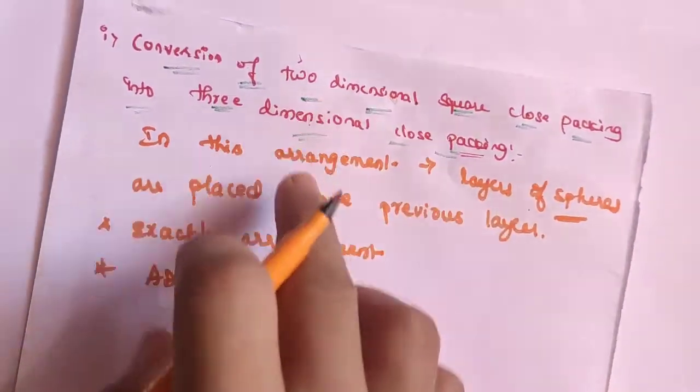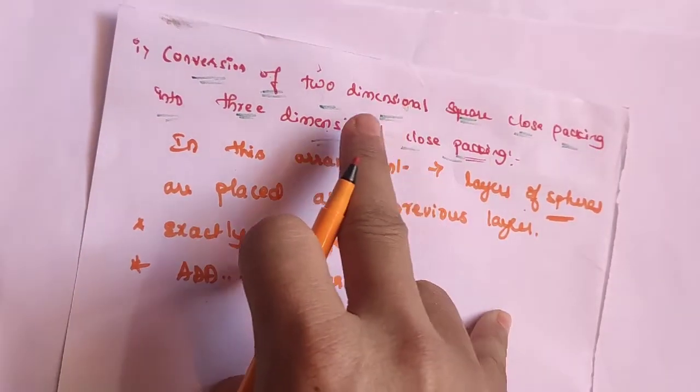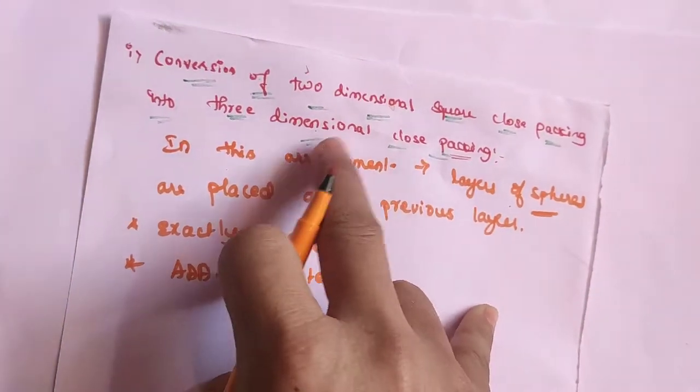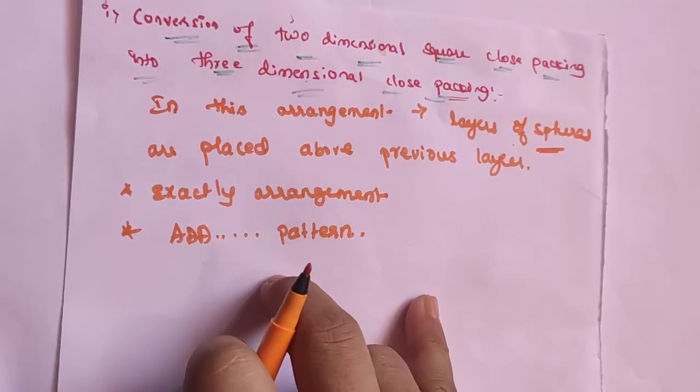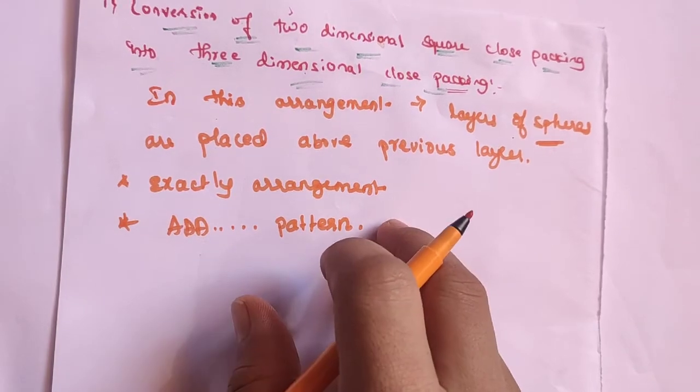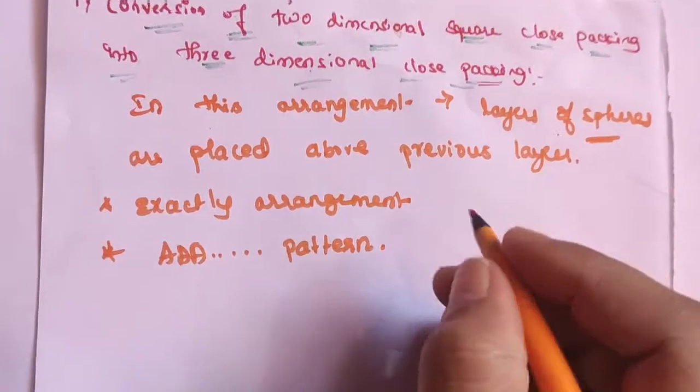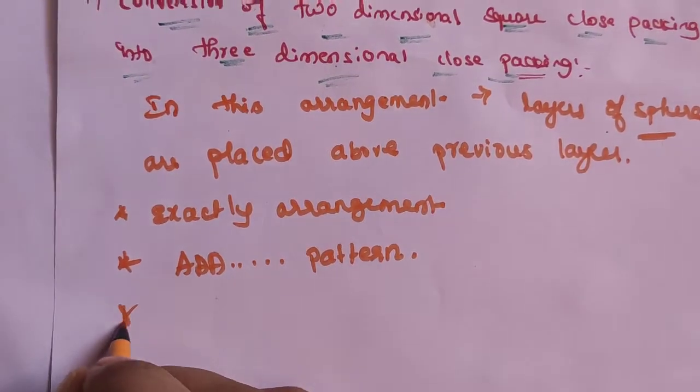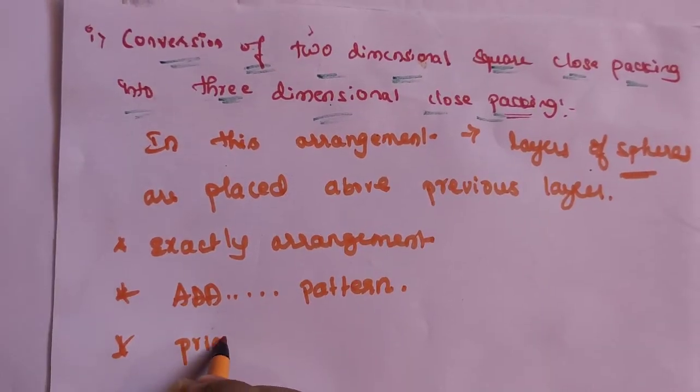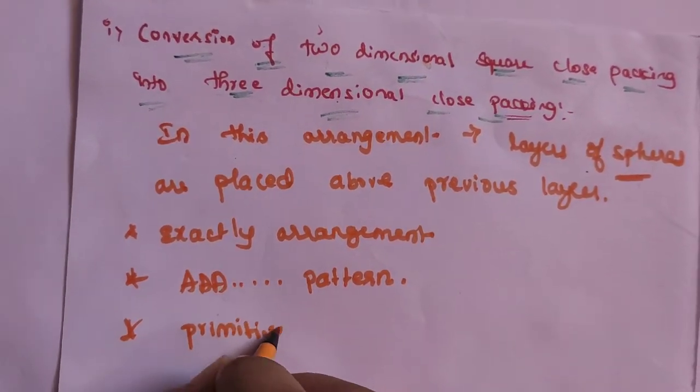So the conversion of 2-dimensional to 3-dimensional close packing is arranged in an AA pattern, and the cubic unit cell we call here is the primitive cubic unit cell.